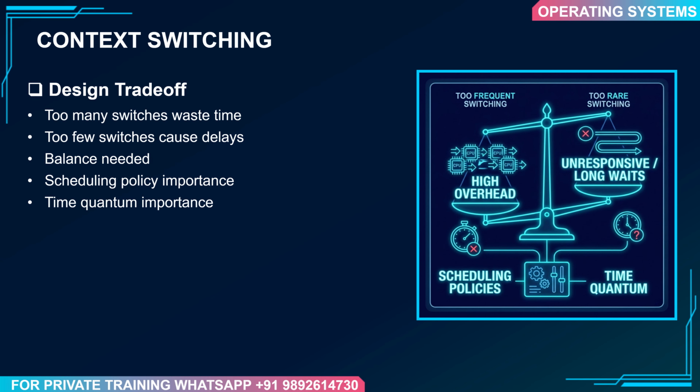If switching happens too frequently, the system spends more time switching than executing real work. On the other hand, if switching happens too rarely, some processes may wait too long, making the system feel slow or unresponsive. This is why scheduling policies and time quantum values are so important, something we will analyze deeply when we study CPU scheduling algorithms like round robin.